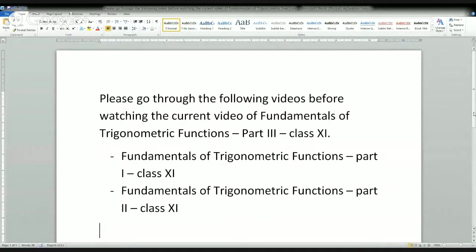In this session itself, I will be discussing some complex examples using the identities which have been discussed in parts 1, 2, and also in this session. So let's start with today's session, which was remaining till now, and we'll be covering it.